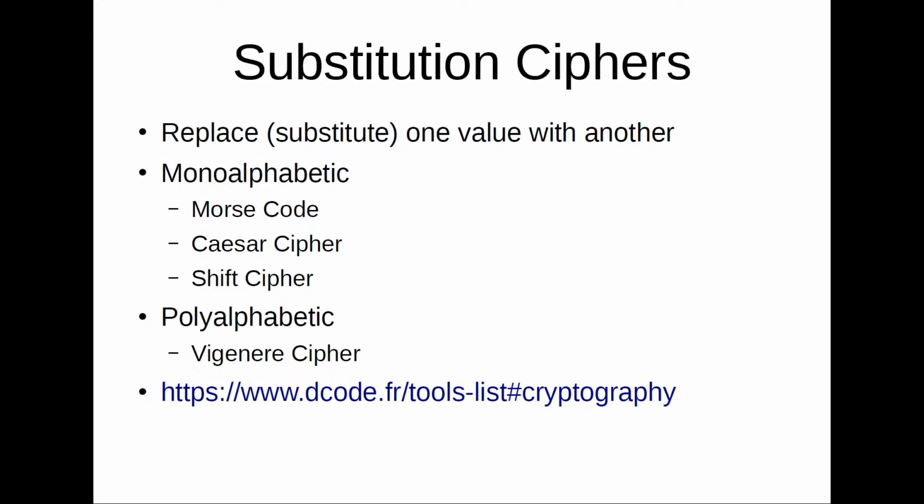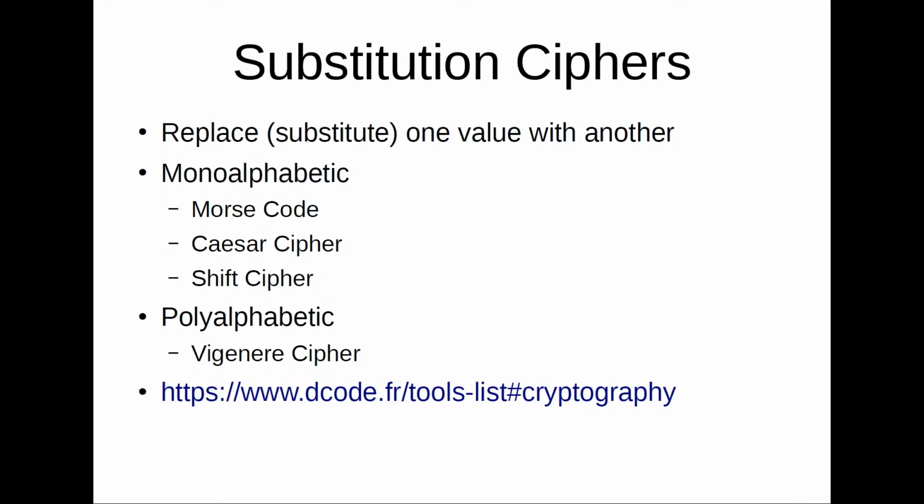Then slightly fancier than just encoding is substitution ciphers. These are the most basic ciphers, where it just replaces one value of input with another value in the output. It's where it gets its name from.